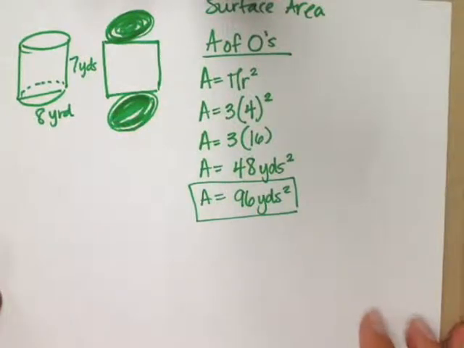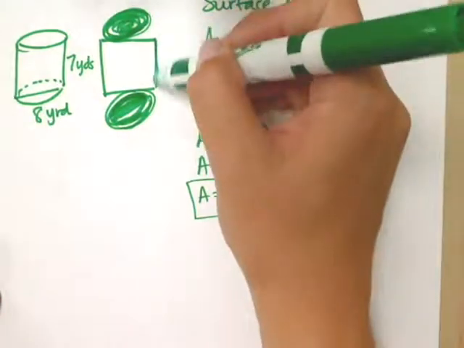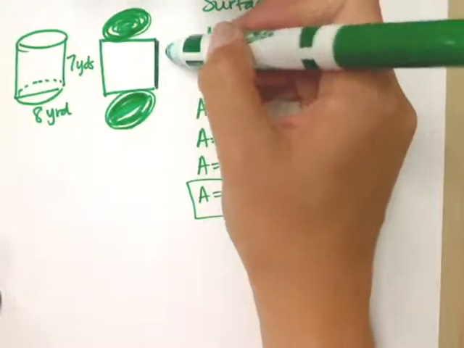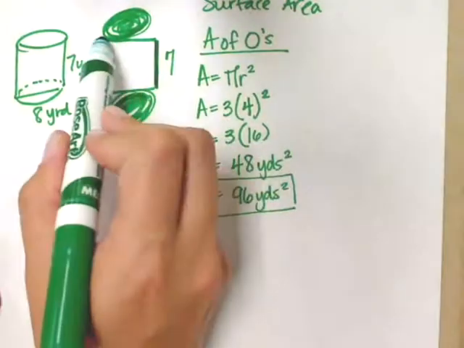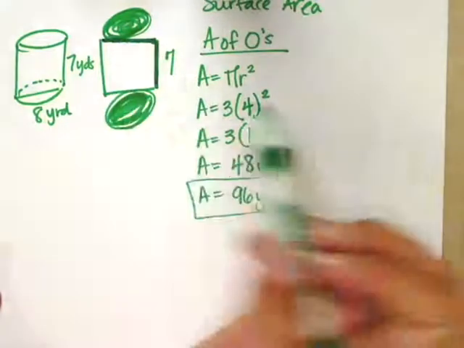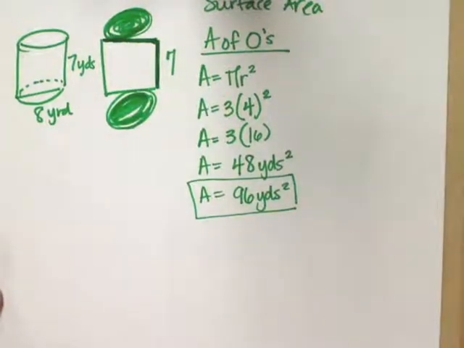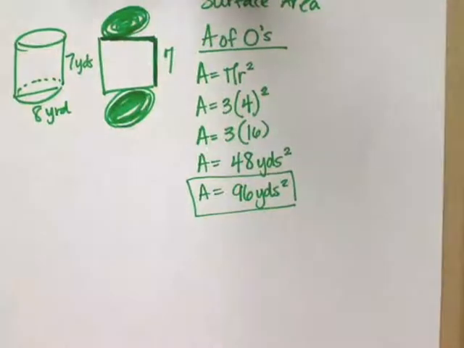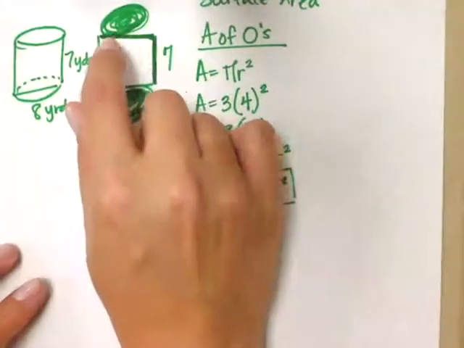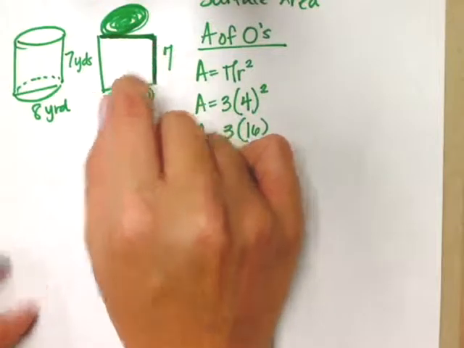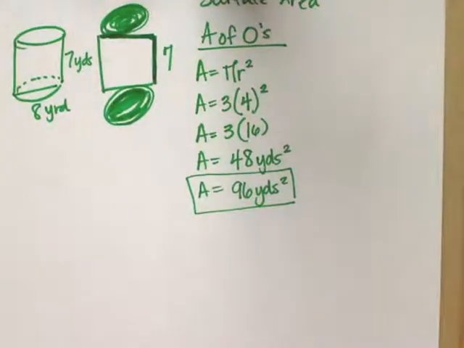The rectangle. We know this distance right here. What is this? 7. But what is this? Isn't the diameter 8? The diameter is 8, but this right here is not the diameter. It is the circumference.